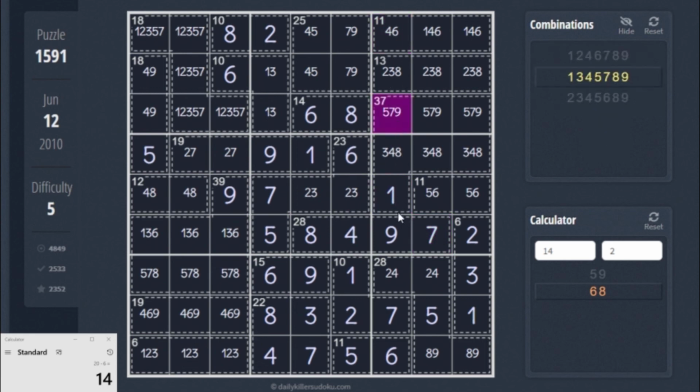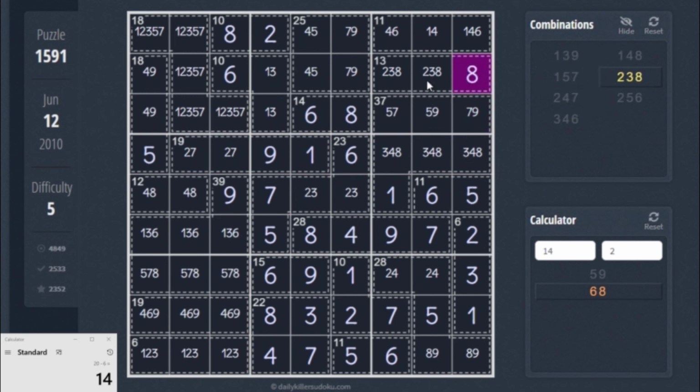It's 9. 7 is already used. 5 is already used, so you can get rid of that. 6, 5.